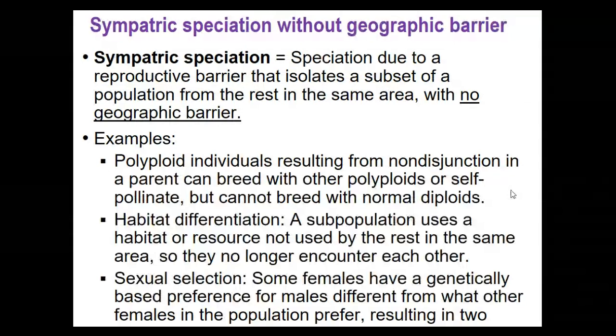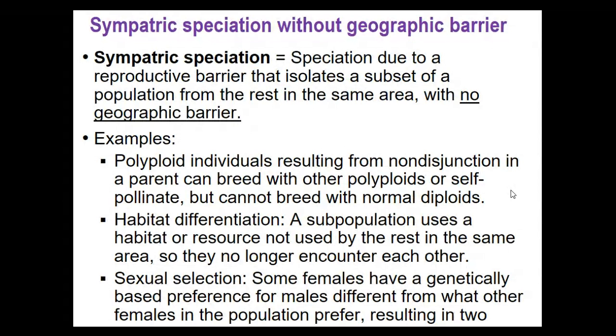So when in meiosis, when sperm or eggs are being made, remember chromosomes are duplicated, and then when this cell divides the first time in meiosis 1, they're supposed to have one from each pair go into each daughter cell.